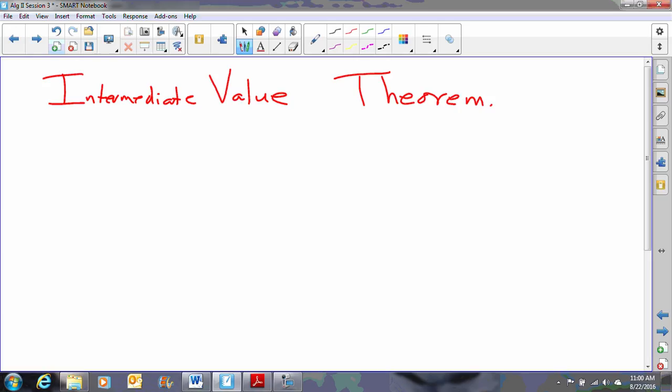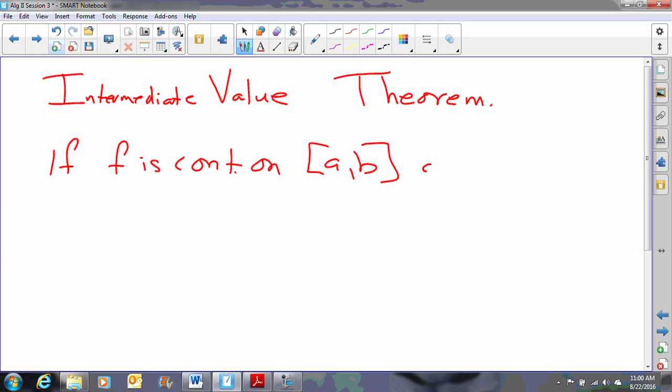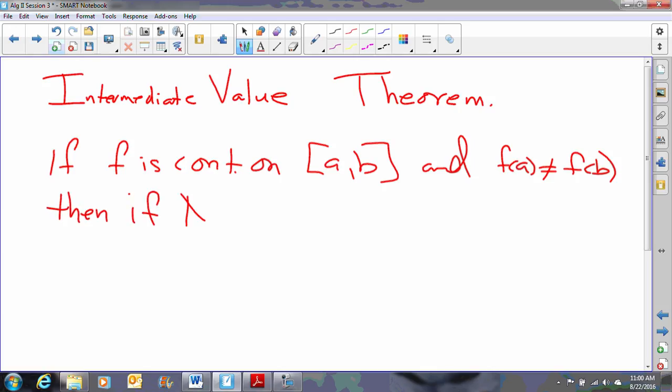Okay, so first of all, if f is continuous on a closed interval from a to b, and f of a is not equal to f of b, then if any number, let's call it N, is in the interval from f of a to f of b.